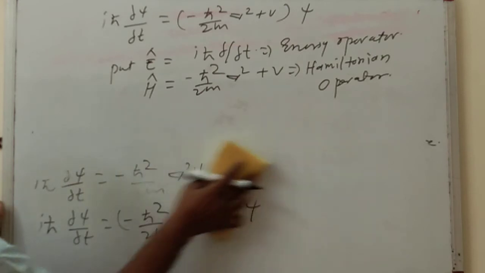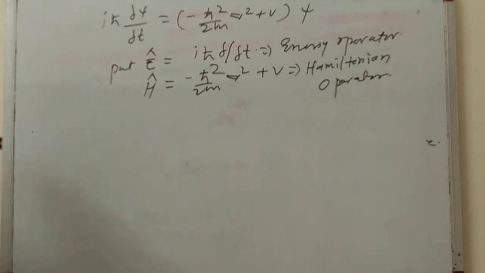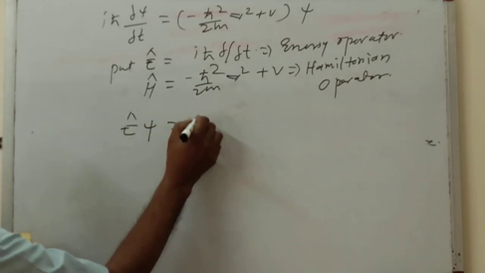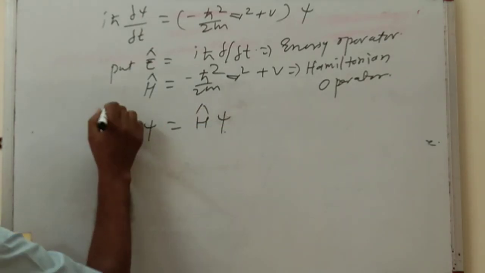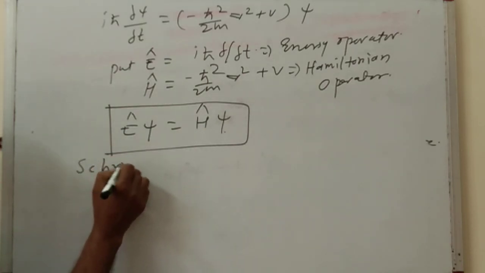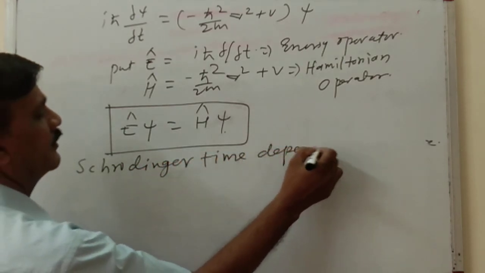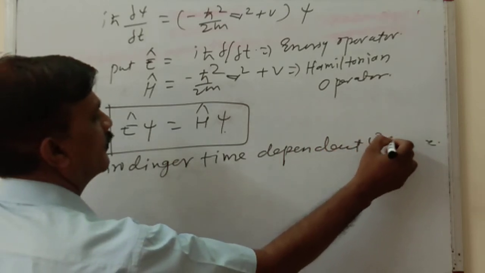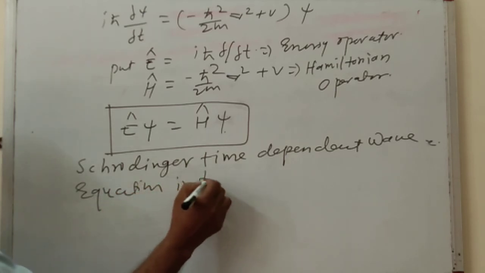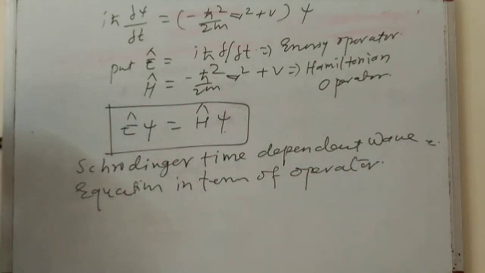Therefore we put the value of the energy operator and the Hamiltonian operator, and the Schrodinger time dependent equation is written as Eψ equals Hψ. This is called the Schrodinger time dependent wave equation in terms of operators.